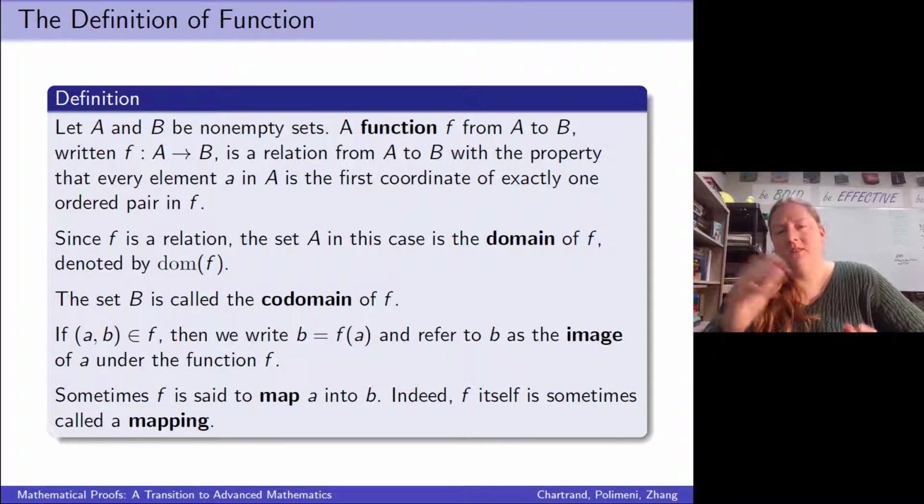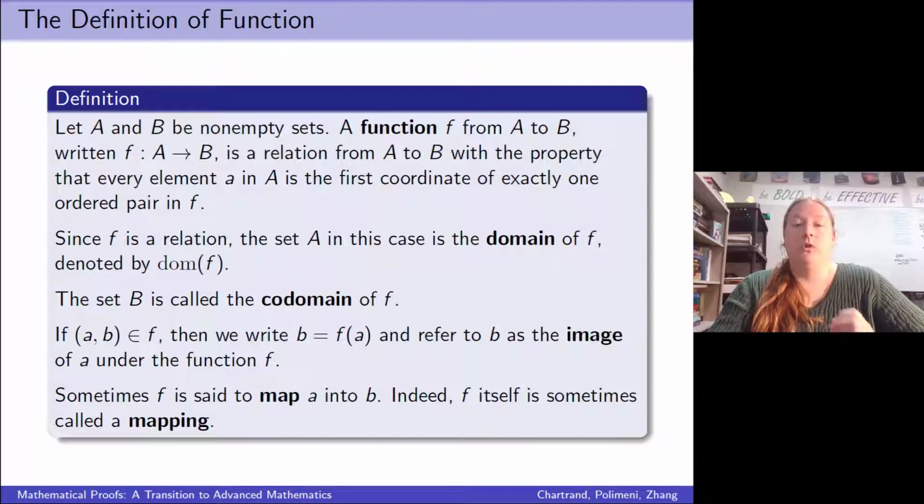There are other times too that instead of calling f a function, we say it's a map of A into B. Sometimes we say that f itself is a mapping. So these are words that get tossed around with functions when we're looking at them in terms of being relations and sets like this.